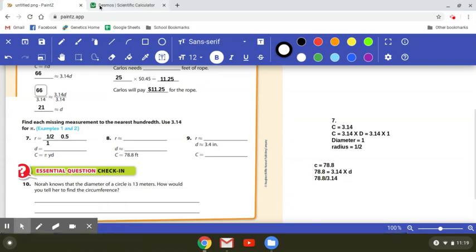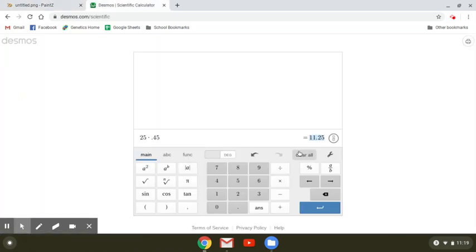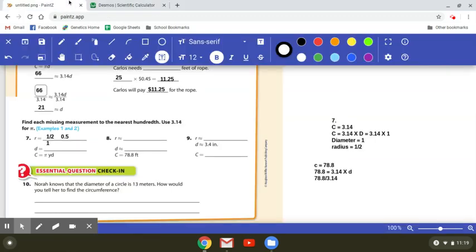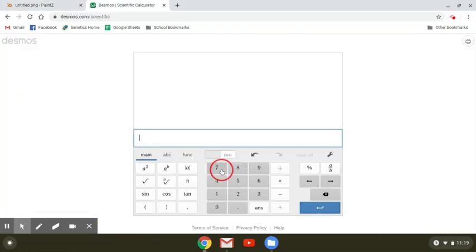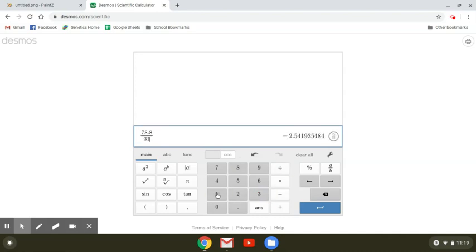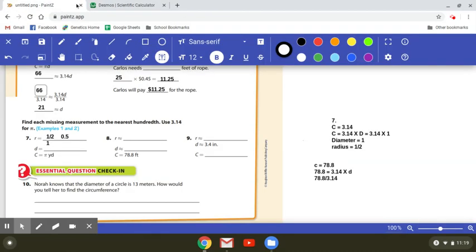All right, let's go over to Desmos and figure out what that is. So that was 78.8 divided by 3.14. All right, so 25.09. So we can round that to 25.1.